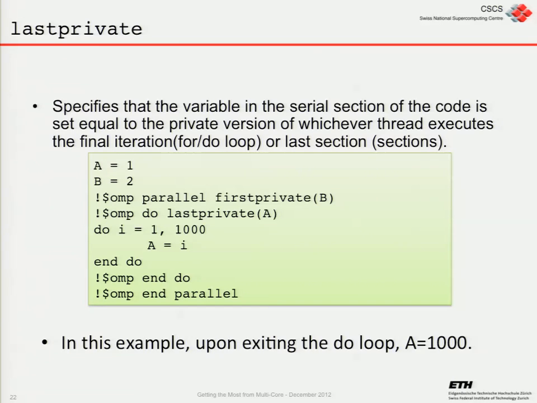So which one do we give to the master thread? Could be that it's thread 0's value. It could be all sorts of things. Lastprivate says, if you have a loop, it is whoever did the last iteration of the loop. That's the one that we set the variable to be.